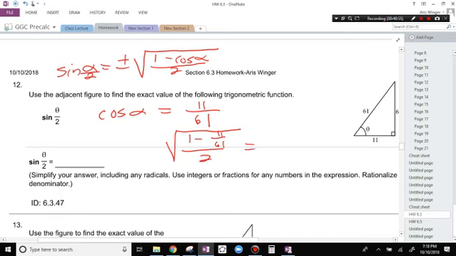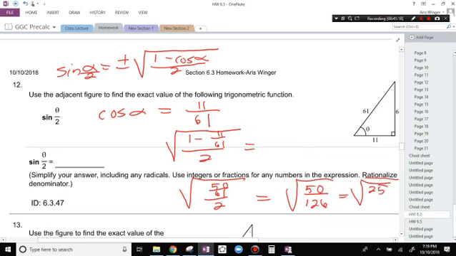So again, this is not going to want us to have these radicals in the denominator, right? Rationalize, that's super ugly. Square root of 50 over 61 over 2, square root of 50 over 122, square root of 25 over 61.